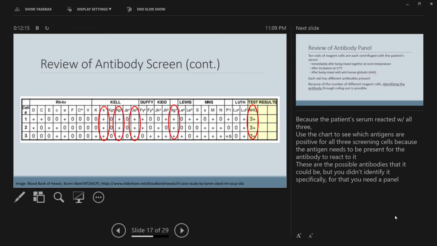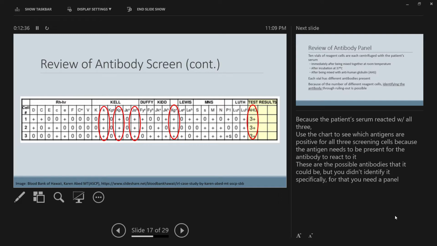I've circled in red where to look. Use the chart to see which antigens are positive for all three screening cells, because the antigen needs to be present on the cells for the antibody to react to.